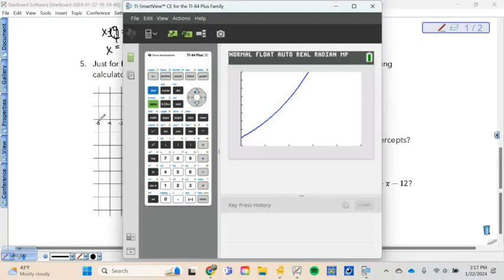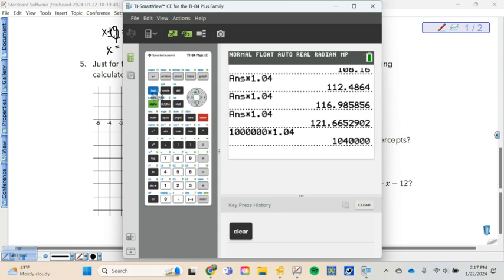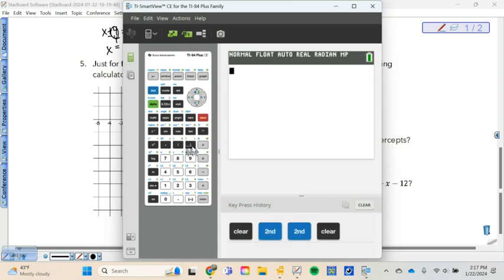Okay, so this takes a minute to figure out. And some of you might have funky settings going on, so we might have to change some things, but let me show you how we do this.